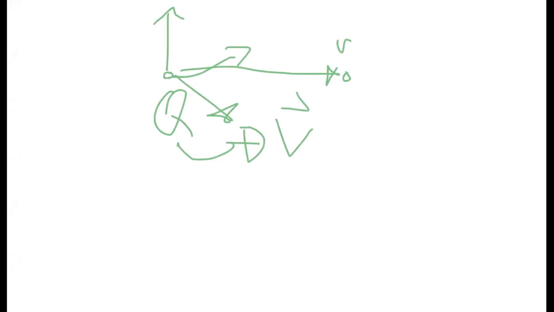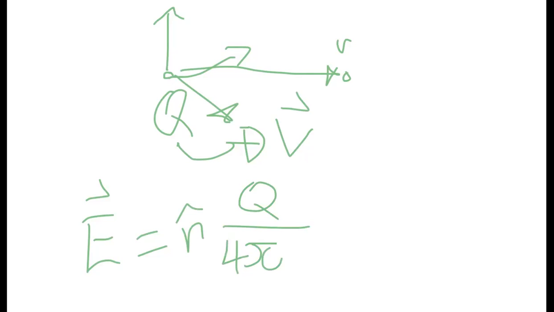Well, we're going to start with the equation for E. So E is R hat Q over 4 pi epsilon naught R squared.